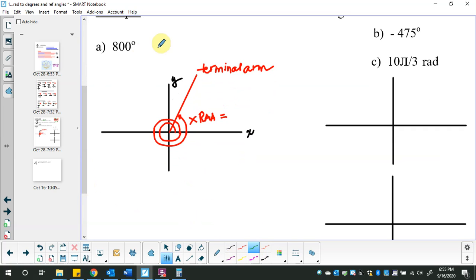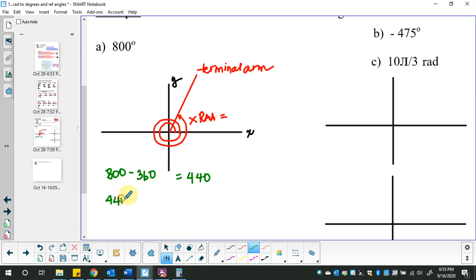If you need the calculation, you can take 800 and you can take off any amount of complete rotations. So if I take 800 degrees and I subtract 360, I am at 440 degrees, which is not an acute angle yet.